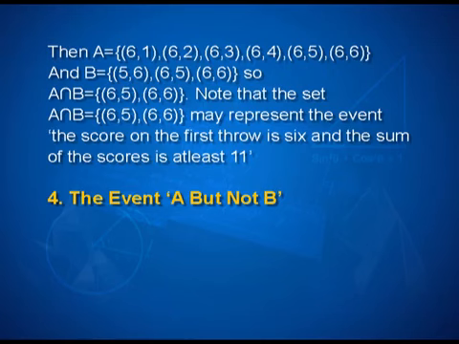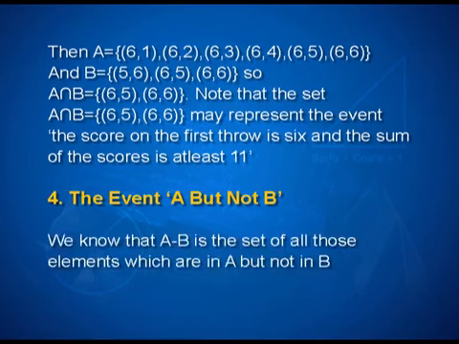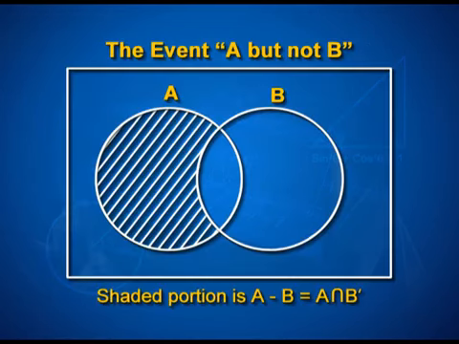Now, let us study about the event A but not B. We know that A minus B is the set of all those elements which are in A but not in B. Here the picture shows us the event A but not B. You can see the shaded portion is A minus B, which is equal to A intersection B complement.